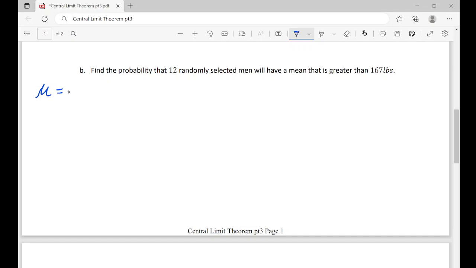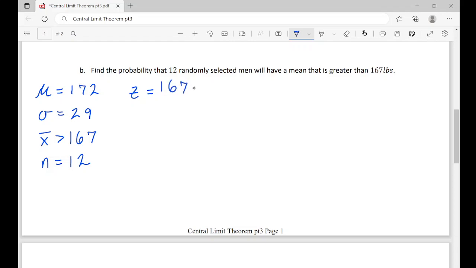So our mean is 172. Our standard deviation is 29. Our x bar is still going to be greater than 167, but now we have an n value, which is going to be 12. Now we plug this into the formula for a group. So z equals 167 minus 172 divided by 29 over the square root of 12.